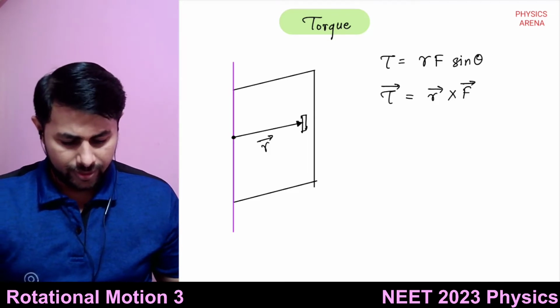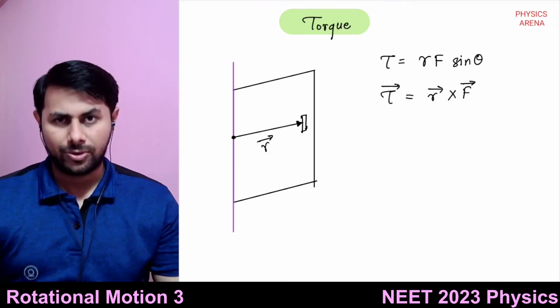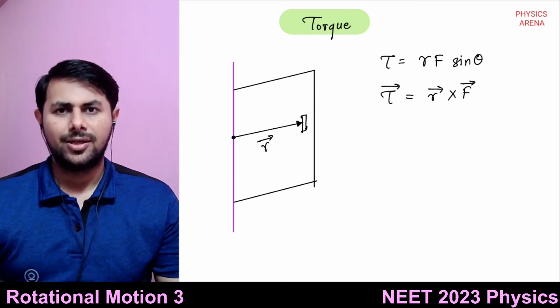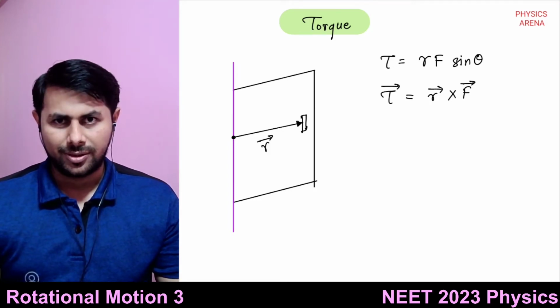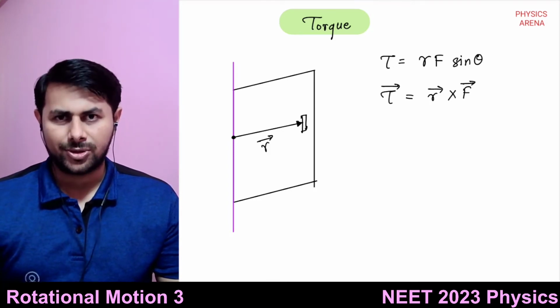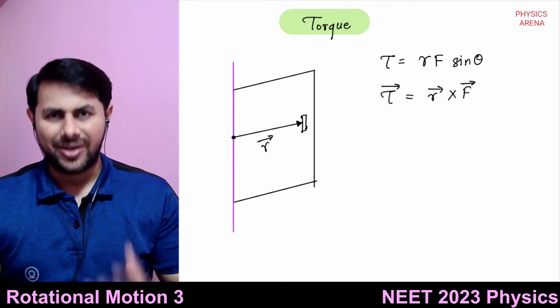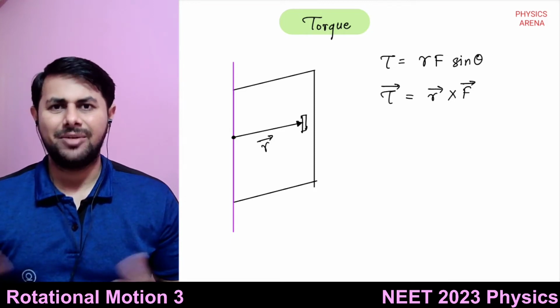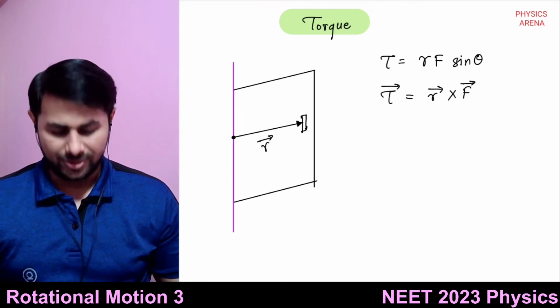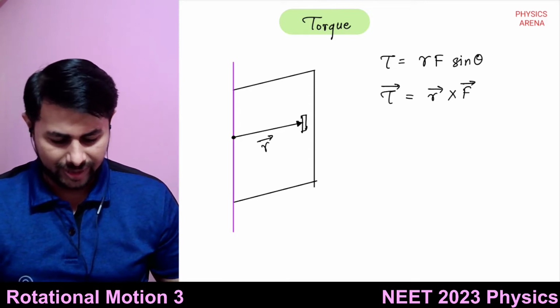Just like we need force to change the state of linear motion, to change the state of rotational motion we need torque. I mean, we need force only, but how and where we are exerting that force is an important thing, right? So this quantity is important.